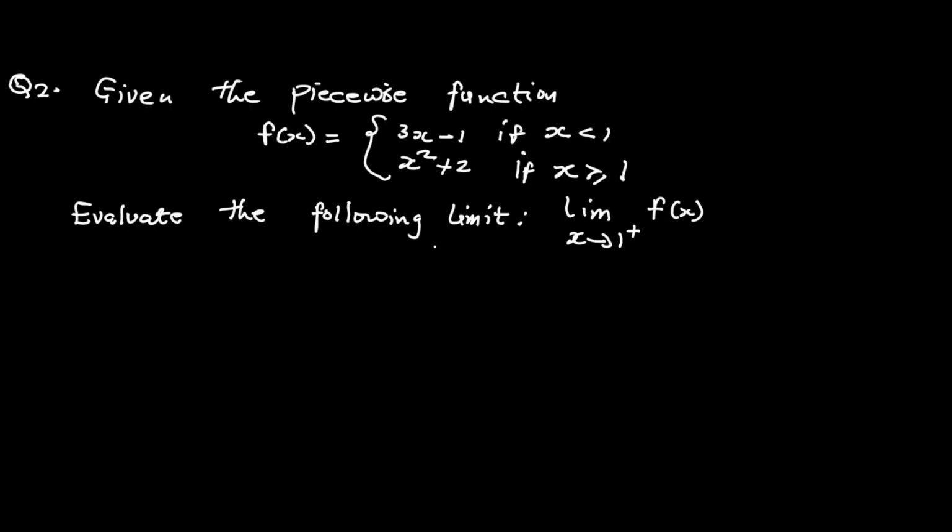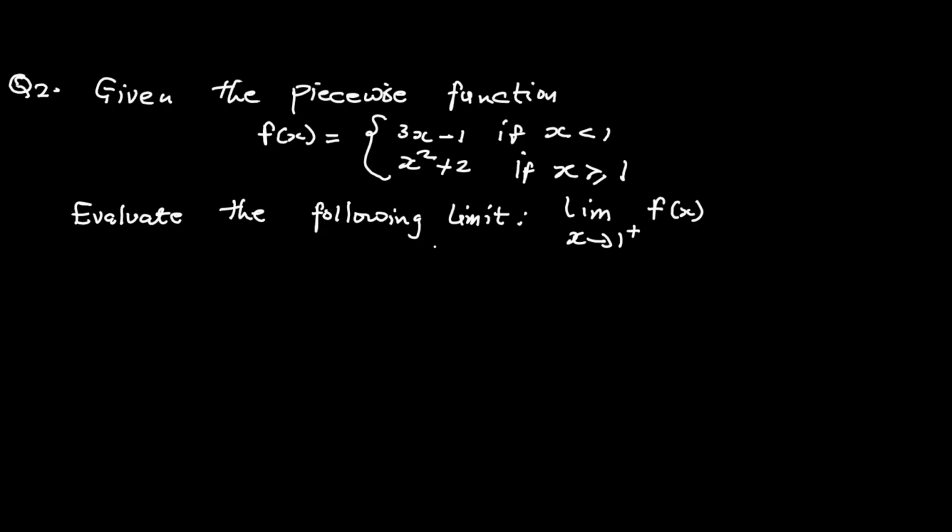Alright. So from question 2, we are given the piecewise function f of x. And we are being asked to evaluate the following limit as x approaches 1 from the positive of f of x. So we are looking at x values that are approaching from the positive.